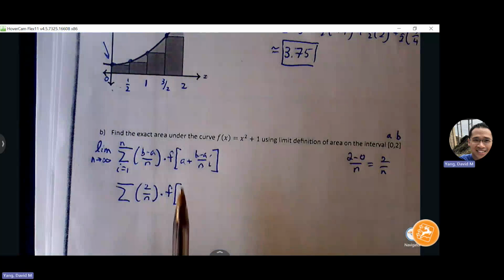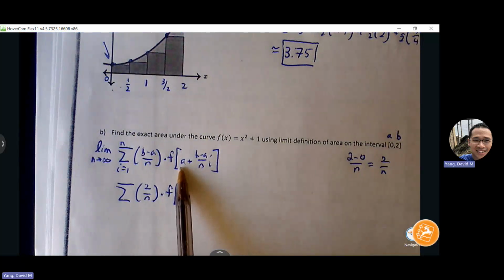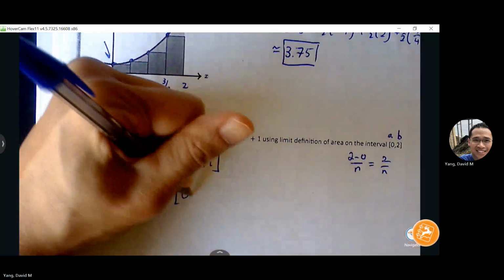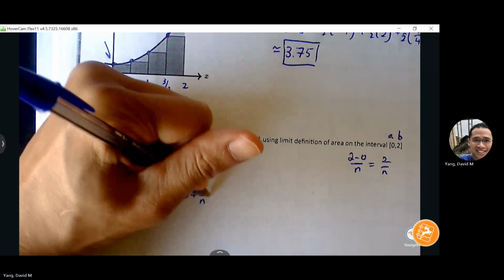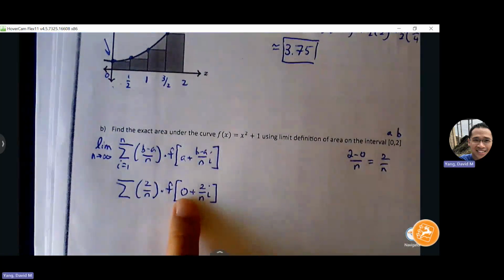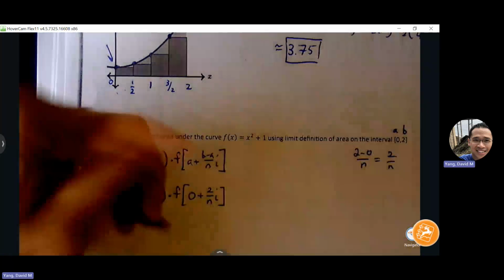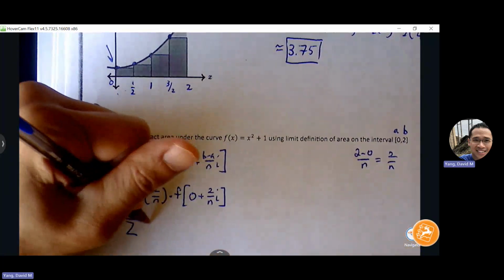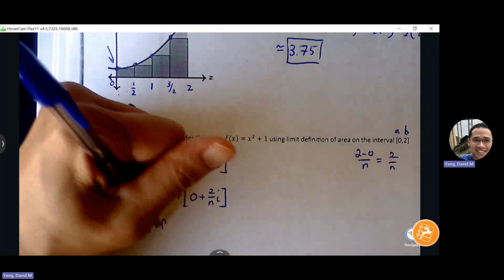I'm just going to fill in one piece at a time. What's my a value? It's 0. That's nice. That makes my algebra steps a little bit easier. I can drop that 0. So I have my width component and I have my height component.